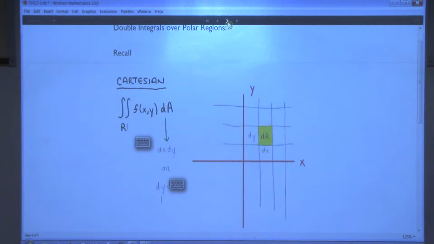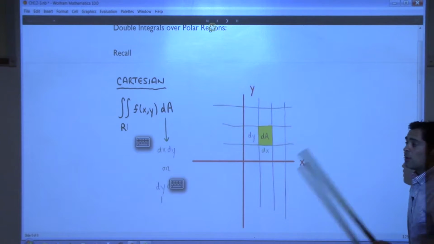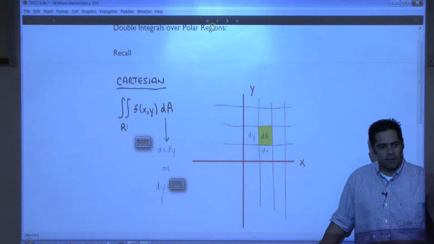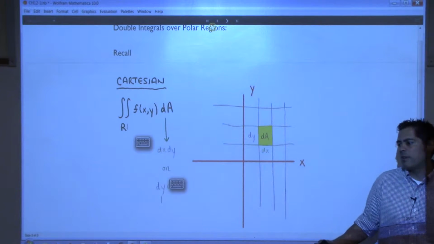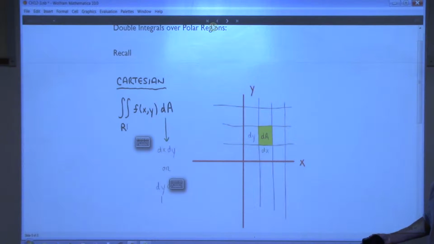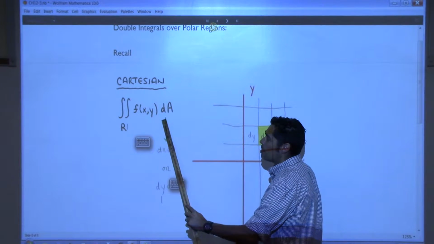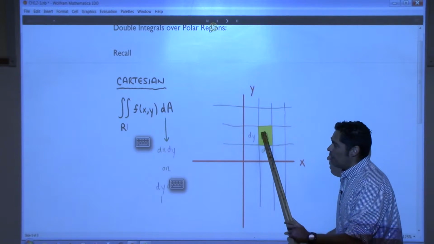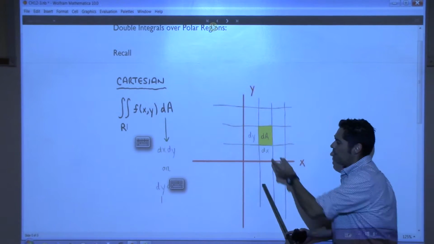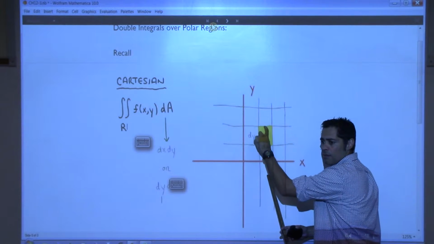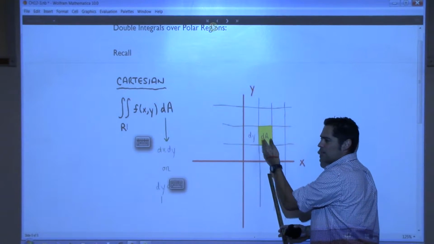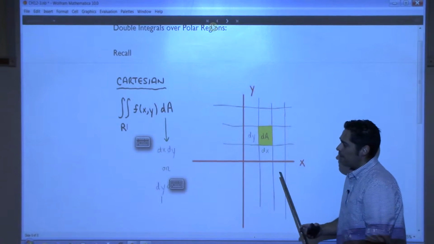So remember from double integrals, when we first started, we were integrating in Cartesian coordinates, we weren't even talking about polar yet, but the way we set it up was we said that this little differential dA represented this infinitesimal little area, which we got by putting dx and dy and multiplying, because area is width times height, or length times width, however you want to say that.